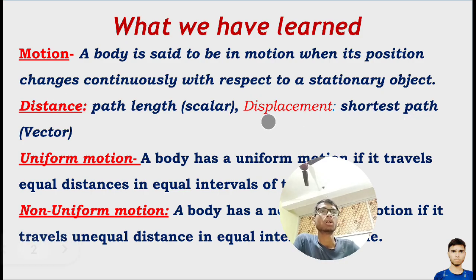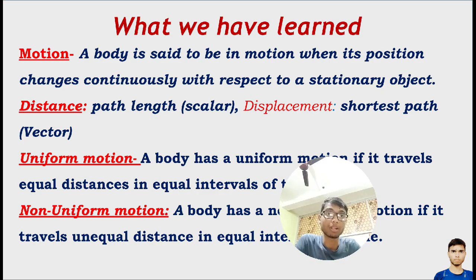Okay. Displacement is the shortest path. We don't go this side, no. For displacement, we start from one point and go in a straight direction to the second point. This shortest path will be the displacement. And it is said that displacement is considered a vector.